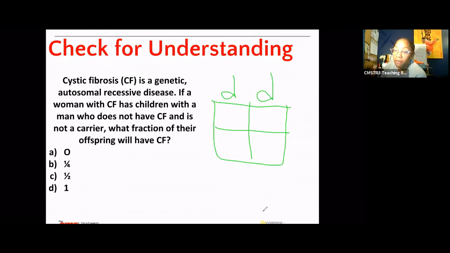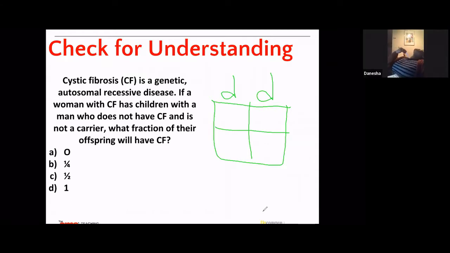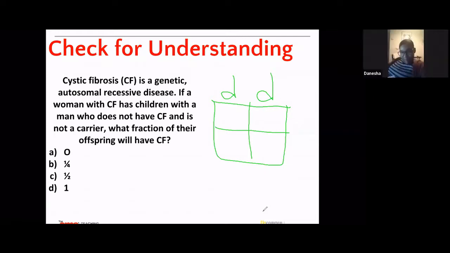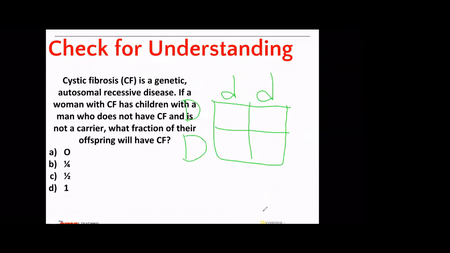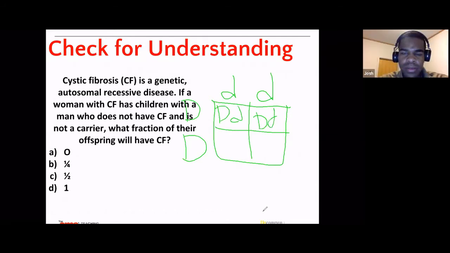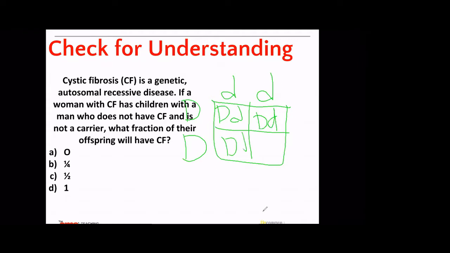And then the father, he does not have it and is not recessive, so what would his alleles look like? DD. And he would be capital or lowercase? Capital. So if we cross all of them, their children will all be carriers, capital D, lowercase d.